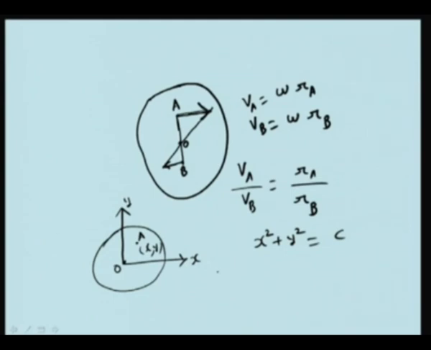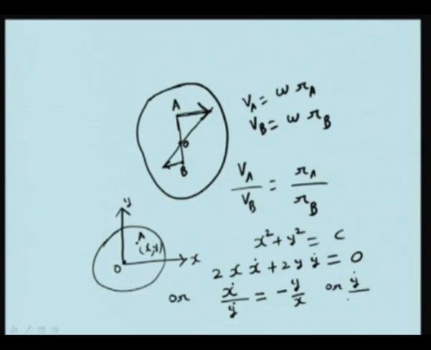Differentiate this with respect to time, you get 2x x dot plus 2y y dot is equal to 0, or x dot by y dot is equal to minus y by x, or y dot by x dot is equal to minus x by y.